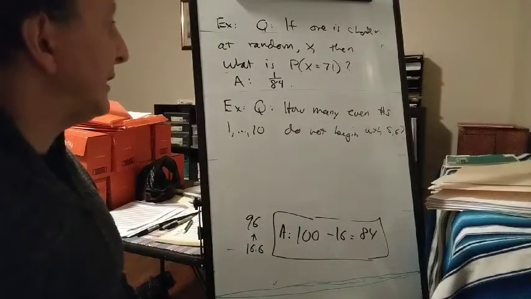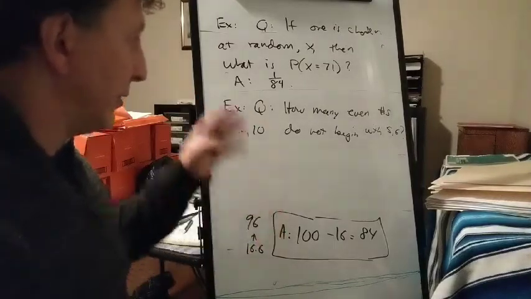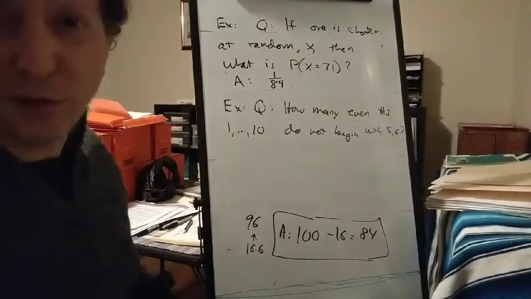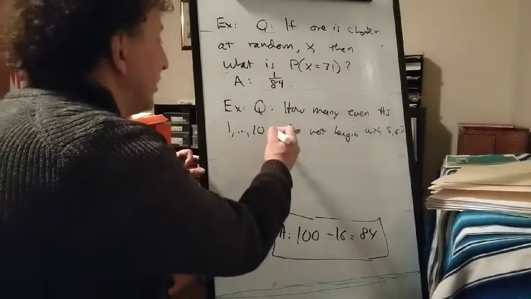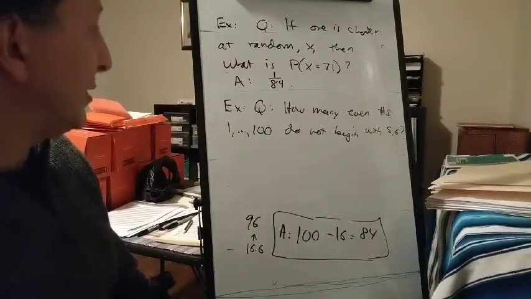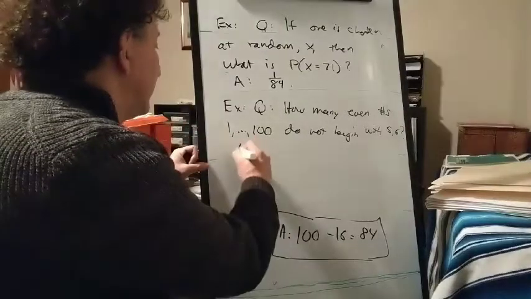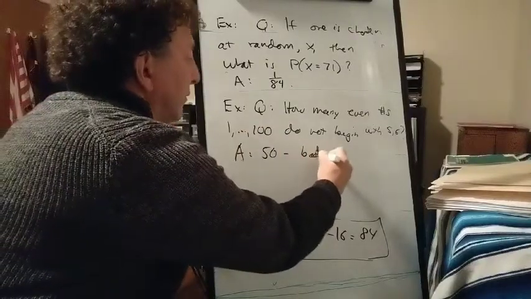Again, we could think of all the even numbers one at a time. 2, 4, 6, we'd throw out 8, 10, 12, etc. Go all the way up to 100, but that would be a drag. Do not begin with 5 or 6. So we know that there's 50 even numbers from 1 to 100. So 50 minus the bad ones.